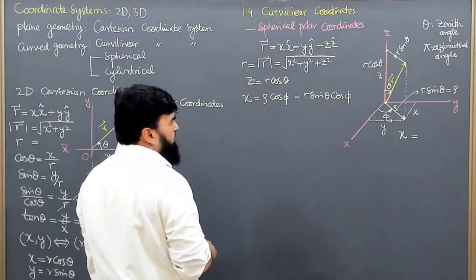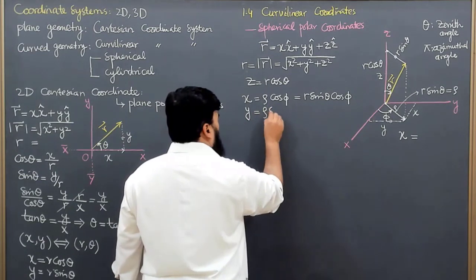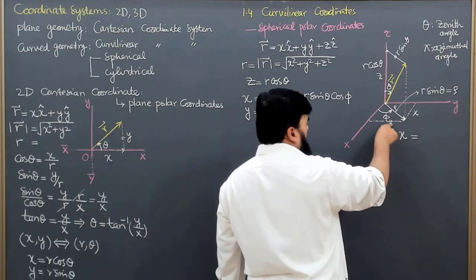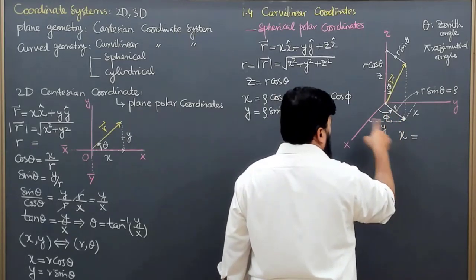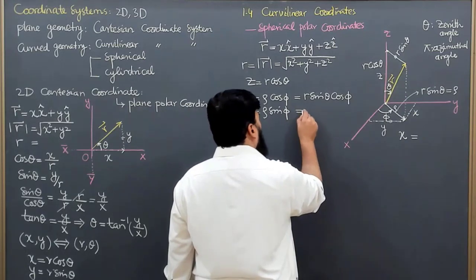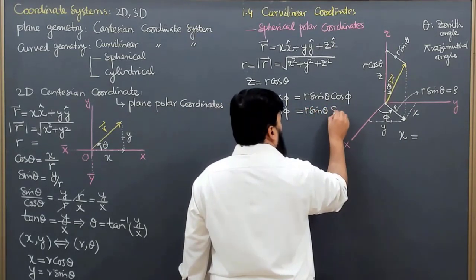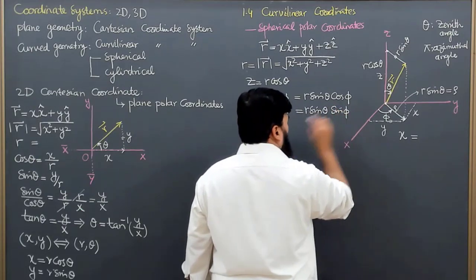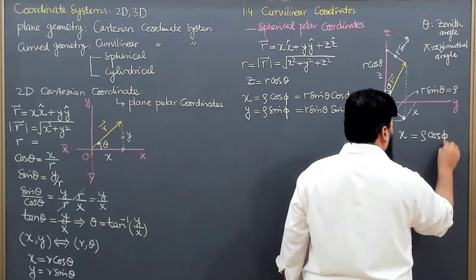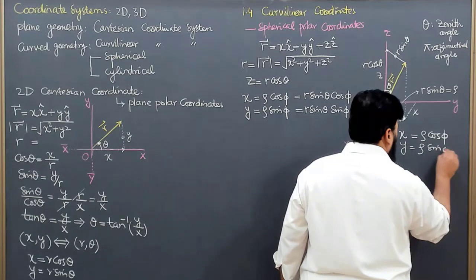So x is equal to this, while y here is equal to rho times sine phi, because this is the perpendicular component, and with rho equal to r sine theta, it is r sine theta sine phi.